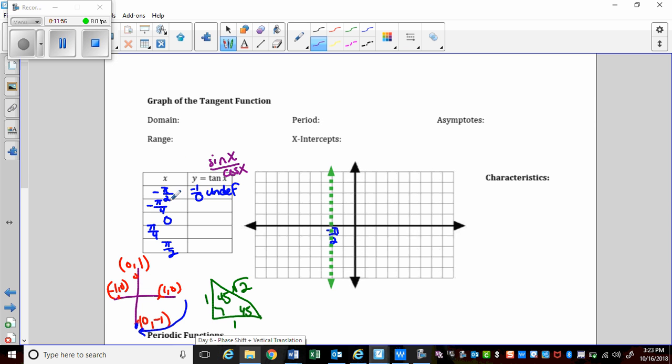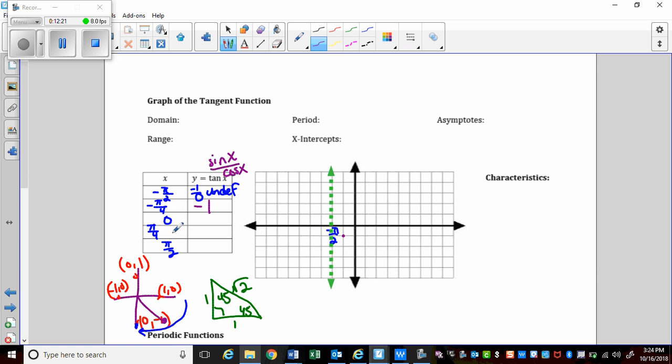Tangent at 45 degrees is opposite over adjacent. And that's 1 over 1. And negative pi over 4, that's right here. Negative pi over 4 is right here. Tangent is negative there. Only cosine is positive. So this is negative 1. So it's going to be at negative pi over 4 down here at negative 1.